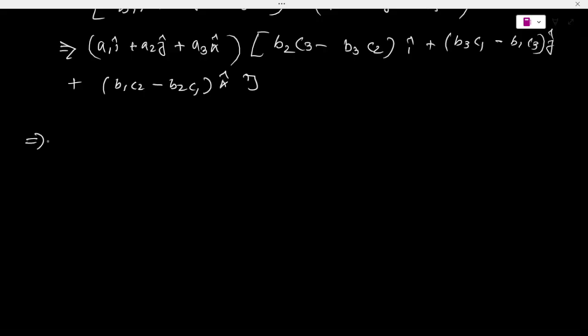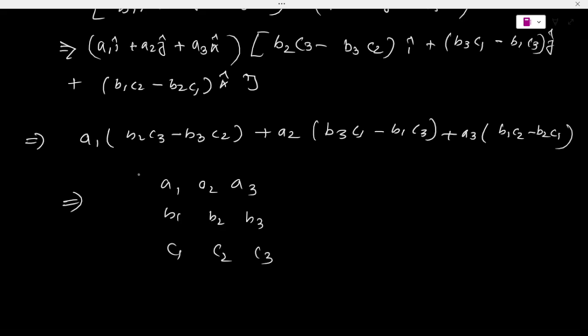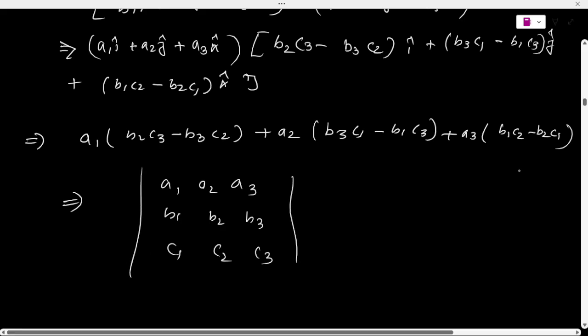This is equal to a1 b2 c3 minus b3 c2 plus a2 b3 c1 minus b1 c3 plus a3 into b1 c2 minus b2 c1. So it will be the determinant of a1 a2 a3, b1 b2 b3, c1 c2 c3. Clear?